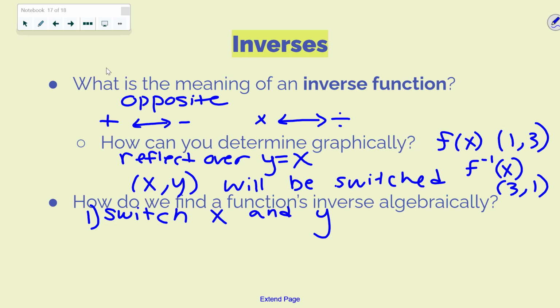And now you want to get it in that y equals mx plus b form, which means you'll have to solve for what variable? Y. So you'll switch x and y and solve for y. That's the big idea for today.